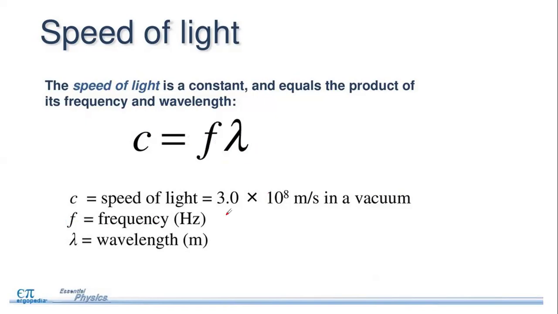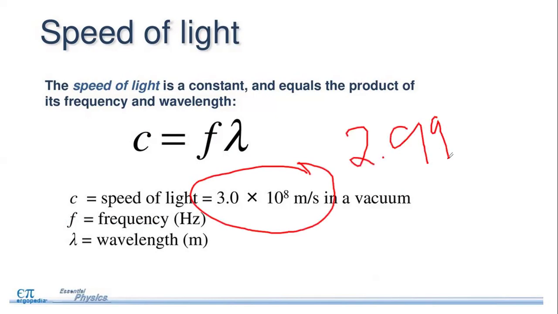We know that the speed of light has a constant value of 3.0 multiplied by 10 to the power 8 meters per second in a vacuum. Some write it as 2.997 multiplied by 10 to the power 8 meters per second.